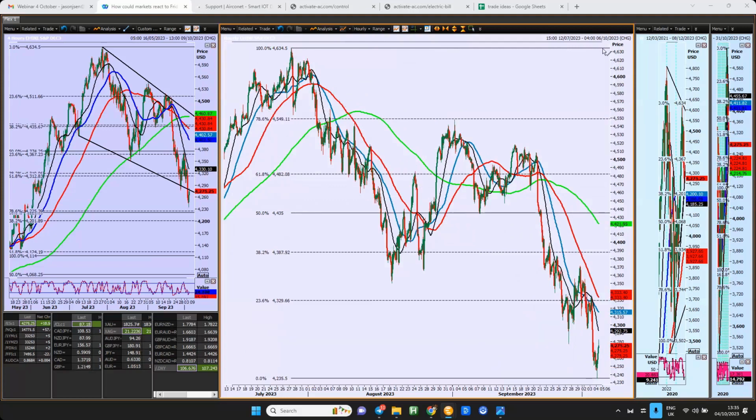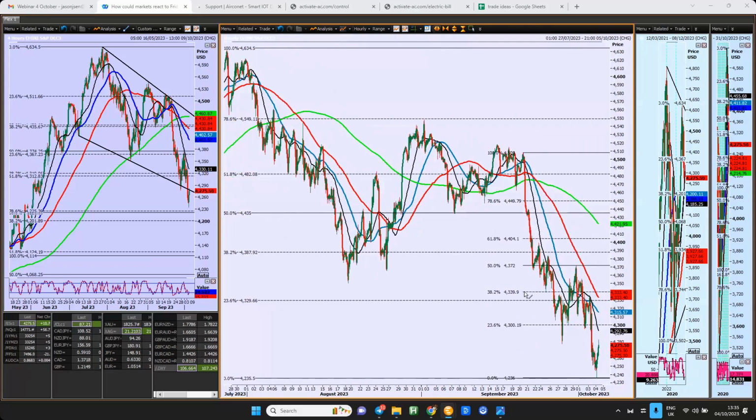Upside targets, I'm just going to put fib levels on here as well. So you can see that 4300 would be a realistic target, straight off the bat. We're only 25 points away from that. And judging by the little spike lows down here as well, it should be quite a good resistance level.